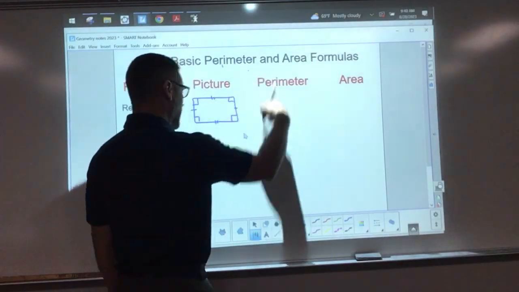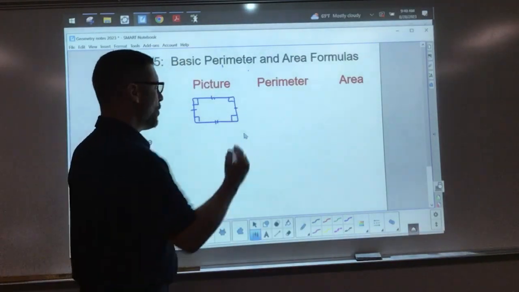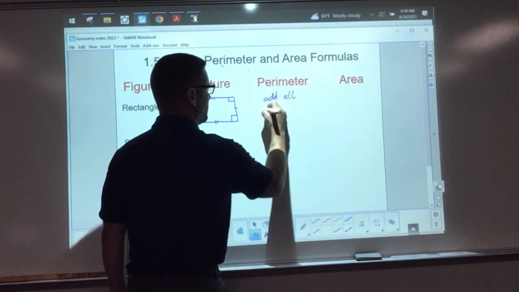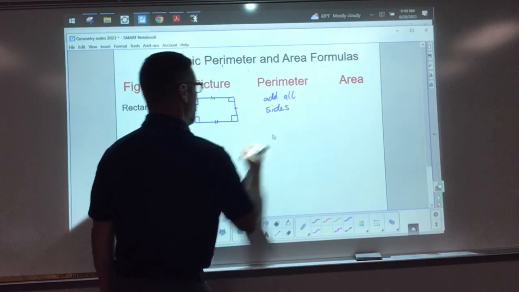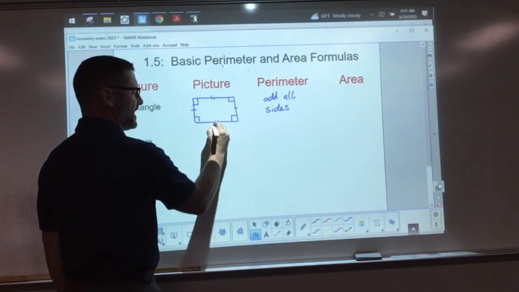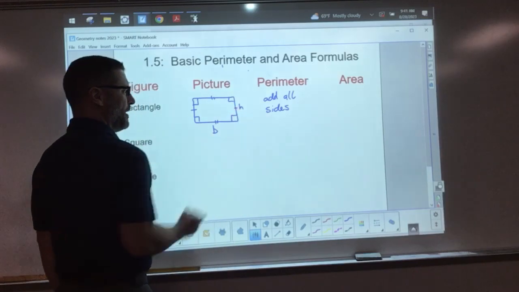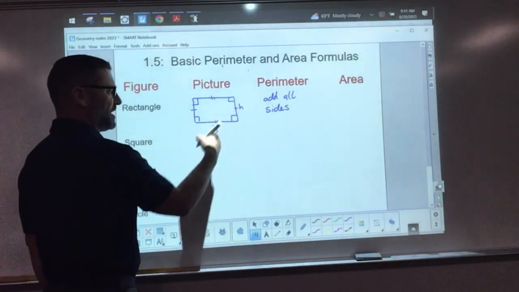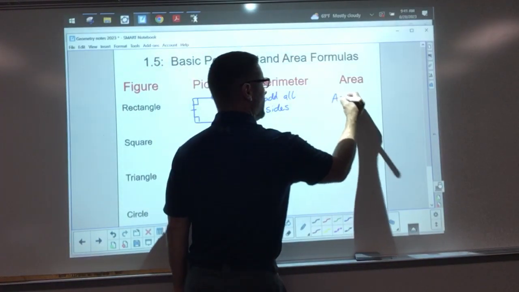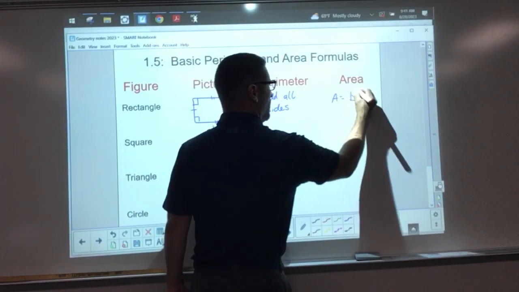For perimeter, any time the sides are straight, I just have one perimeter formula, and it's add all sides. For the area formula, usually we either have a length and a width or a base and a height. It does not matter which variables you use, if you want to use a B and an H or an L and a W.